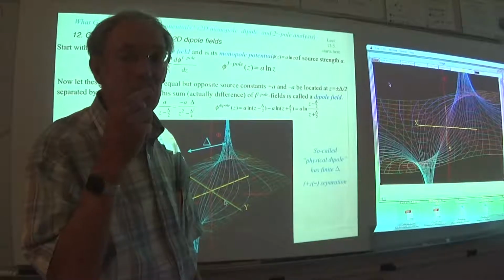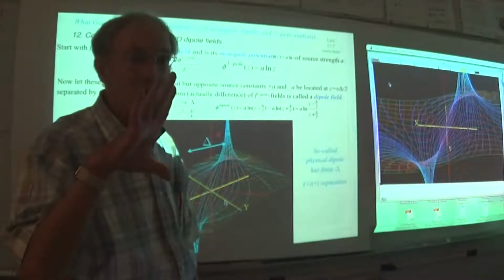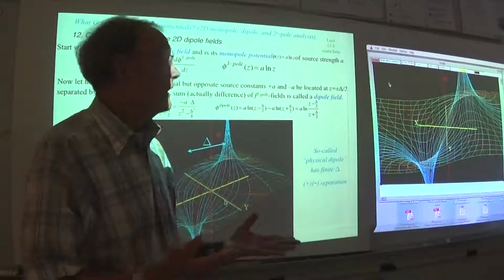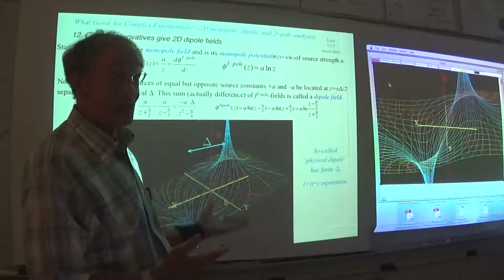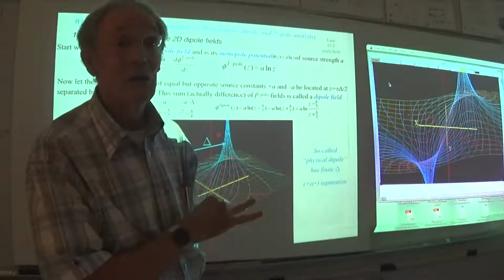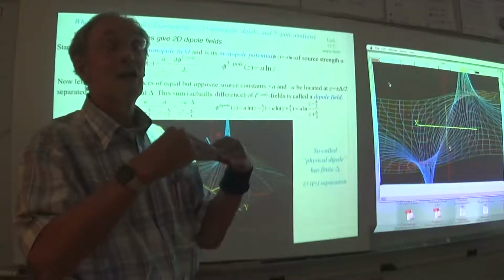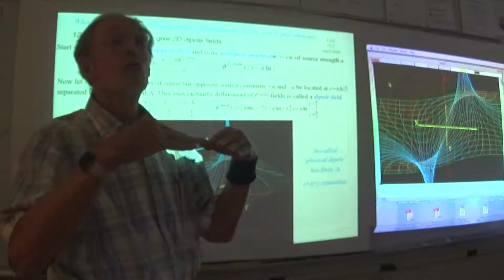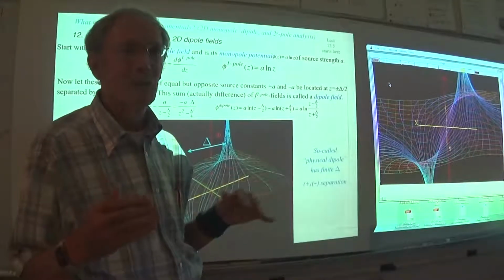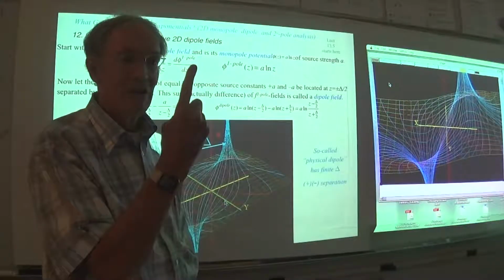Yeah, a uniform distribution of charges on a line makes this field at all altitudes, right? I mean, we're plotting the potential here, but that occurs uniformly. In order for this to be an exact description of something, it has to be a uniform thing.